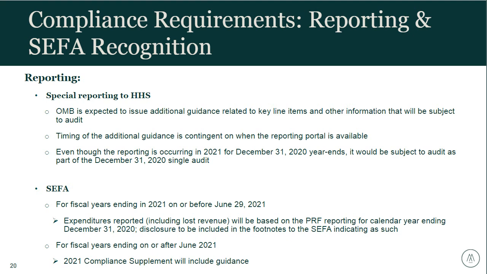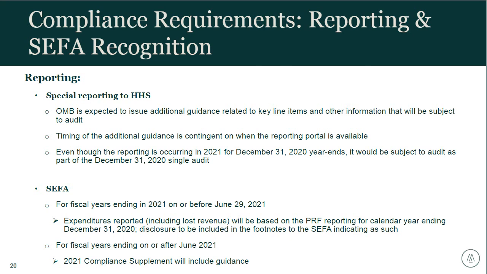And for the for-profit entities, we've talked about this previously, but just a quick reminder, for-profit entities have 2 options. They can get a program-specific audit or a financial audit of the PRF that's done under government auditing standards. And generally, we've been pointing to this Compliance Supplement Addendum. However, it's not at all clear that that would be the guidance to be used in how providers would prepare the provider relief fund schedule that would be audited.